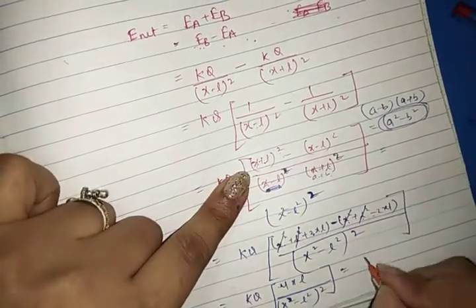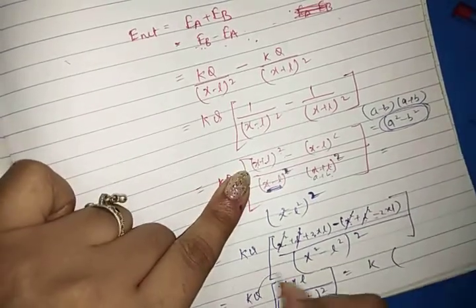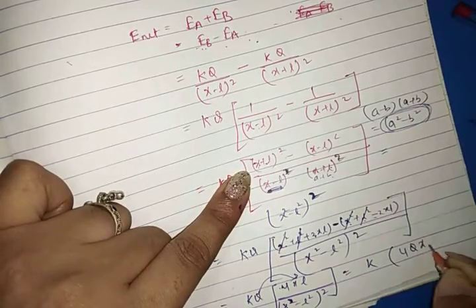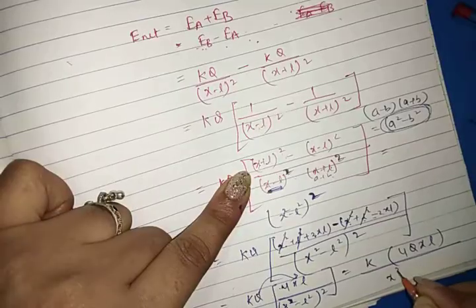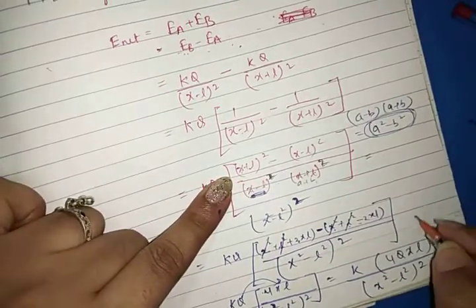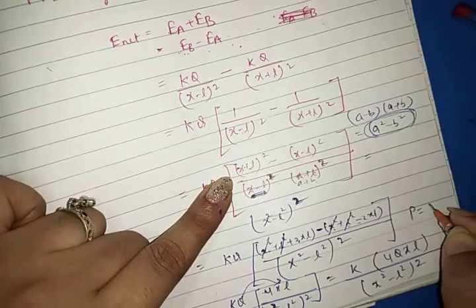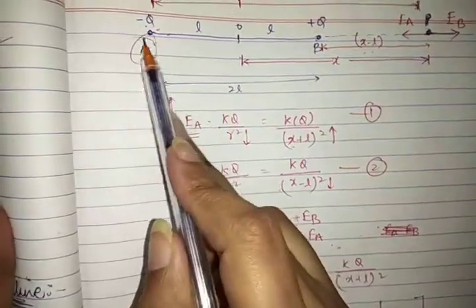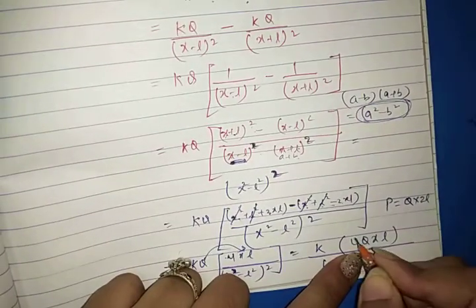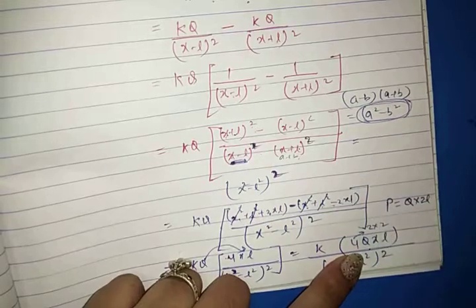Now by taking q inside, we will get 4qxL upon x square minus L square whole square, right? Now by the formula of dipole moment, it is q into distance, and the distance is 2L. So by taking 2L from here, this 4 is divided into 2 into 2.